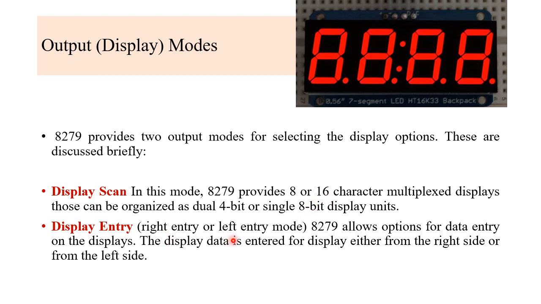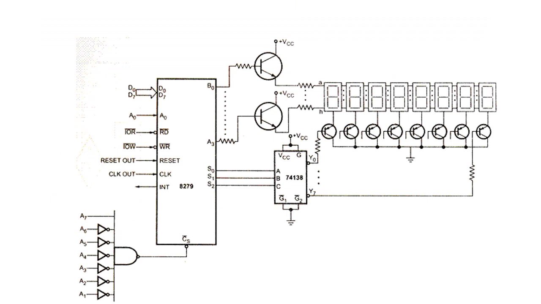And in display entry mode, the 8279 allows the options for data entry in two directions. You can enter the data from the right side or from the left side. So that is the display entry output mode.